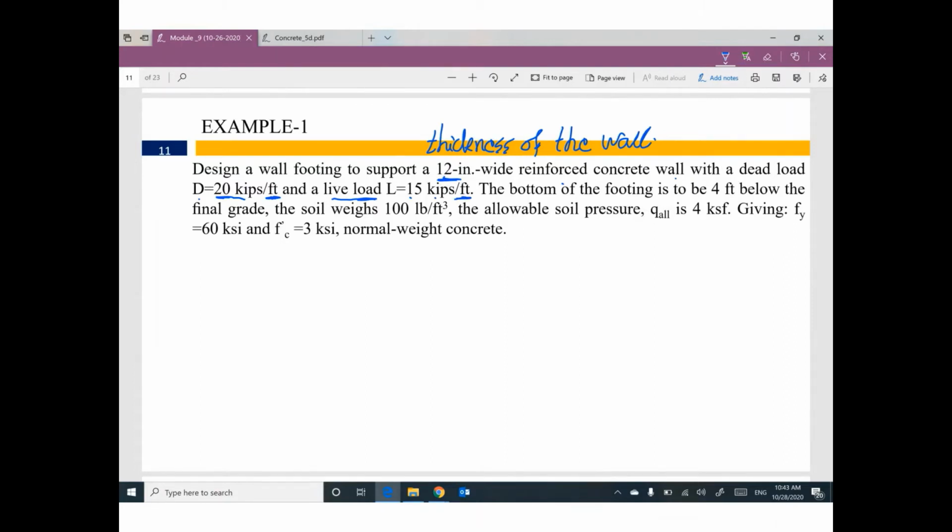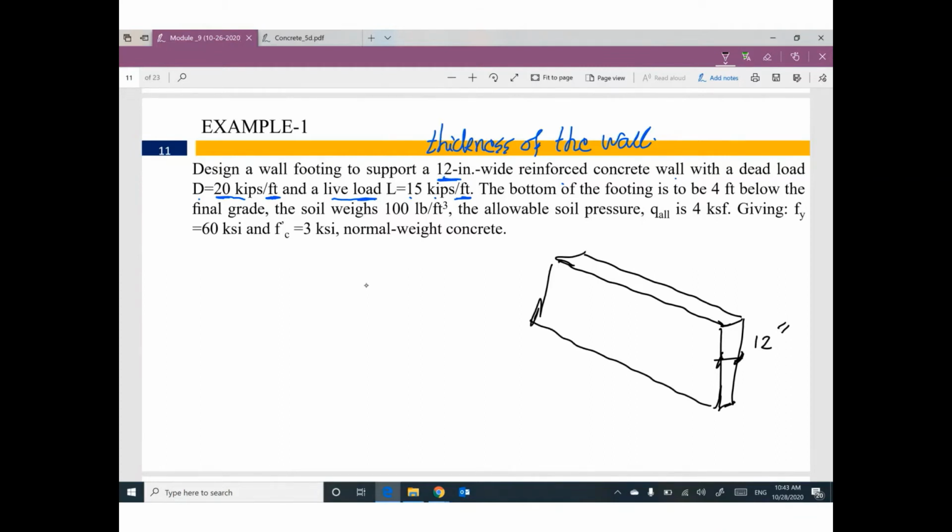So we have a wall, with this thickness of 12 inches. This wall is extended to infinity. I don't know where it starts and where it ends.